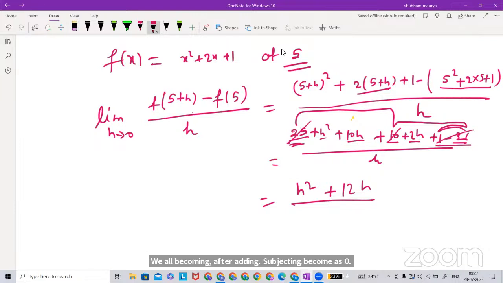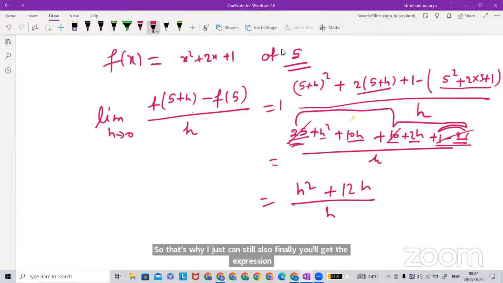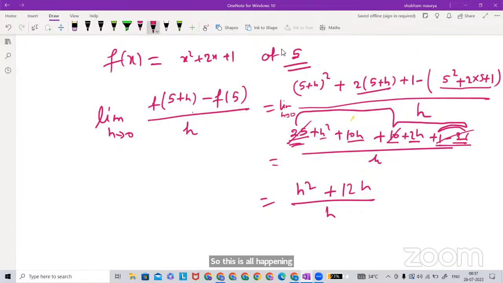So finally you will get the expression h square plus 12h upon h, and this is all with the limit as h goes to 0.